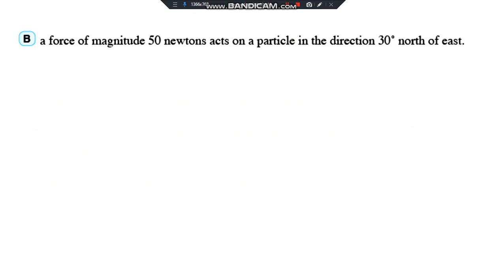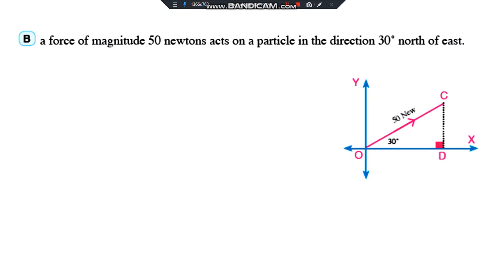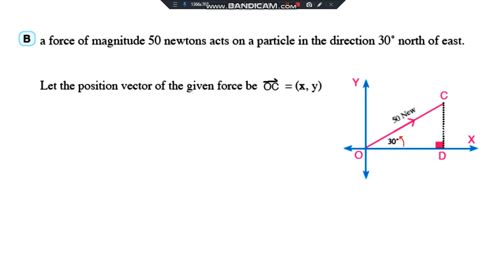Second one, a force of magnitude 50 newtons acts on a particle in the direction 30 degrees north of east. North of east means the angle made with the positive direction of the x-axis will be 30. So we have OC represented by the ordered pair x and y. To find the x coordinate and the y coordinate, we use the rule of the polar form.